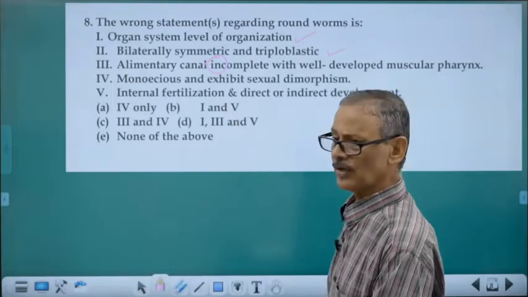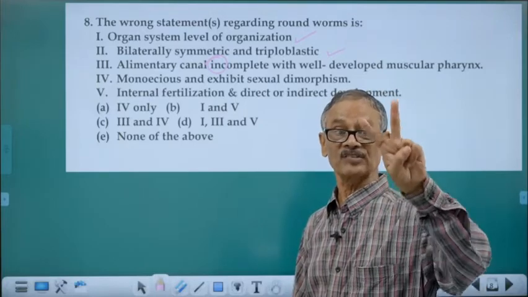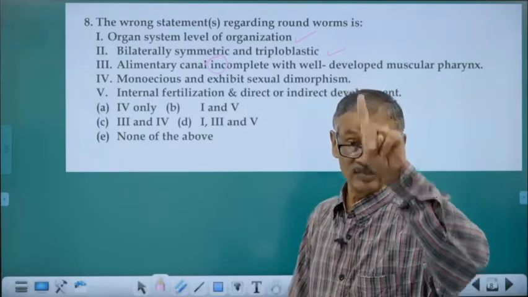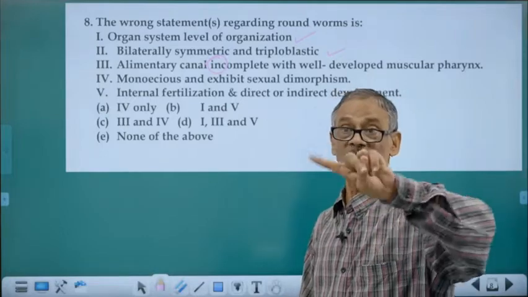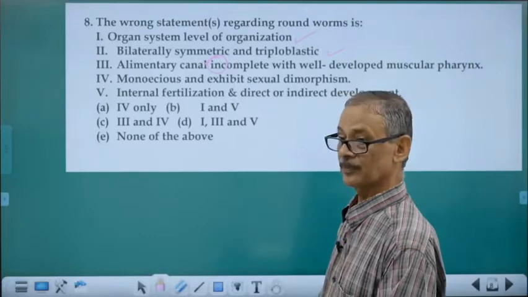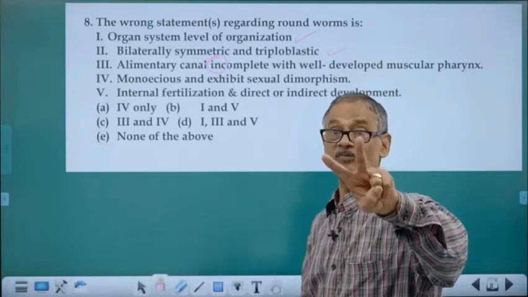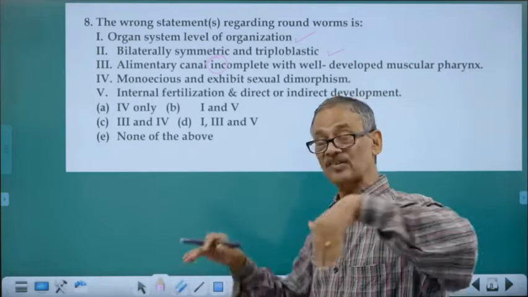Monoecious. What is monoecious? Monoecious is bisexuality. Both sexes are present in the same individual. Both male and female sex organs are present in the same individual. That's what is called monoecious. The opposite is dioecious, where you are having two types of individuals, male and female. Sexes are separate.